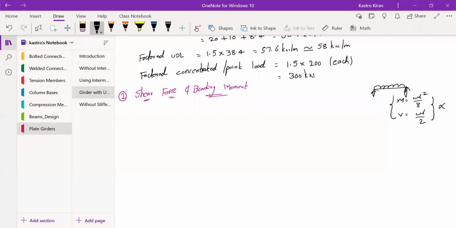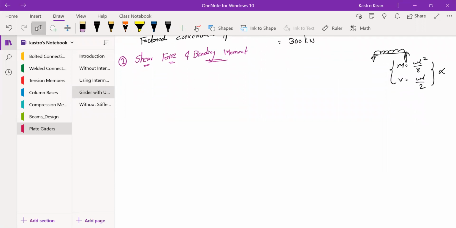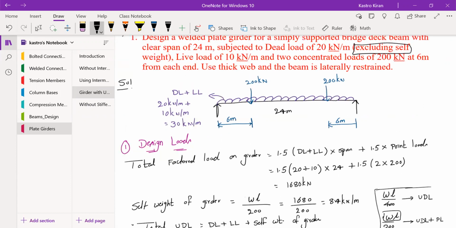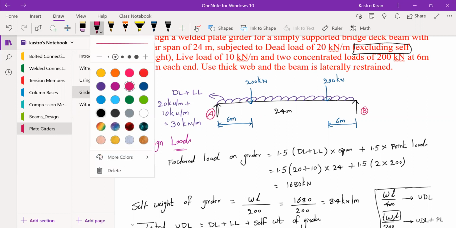Now, how to find out this one? Okay, I'll let you know. Before finding out the maximum shear force value, let us calculate the reaction forces at the supports. You can name these supports as support A and support B. So let's find out the reaction forces at both the supports.